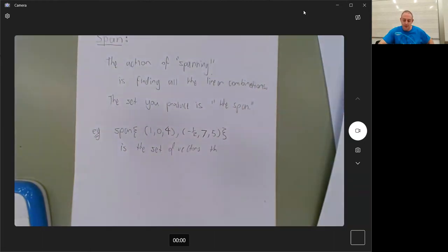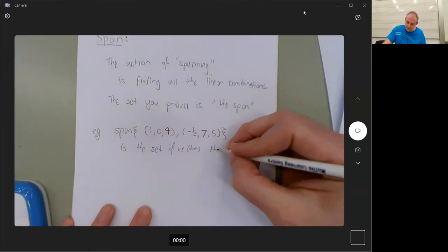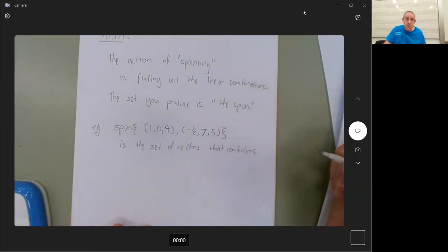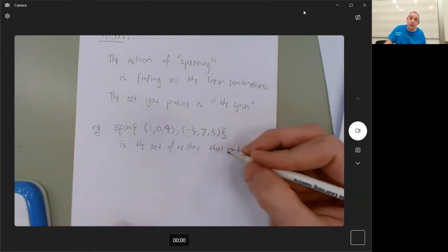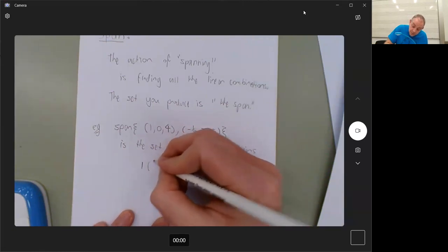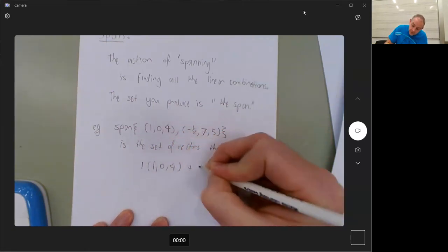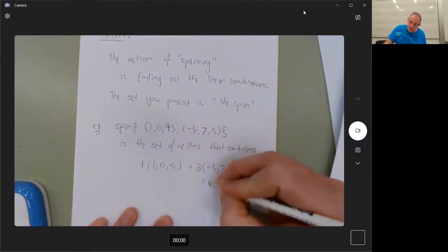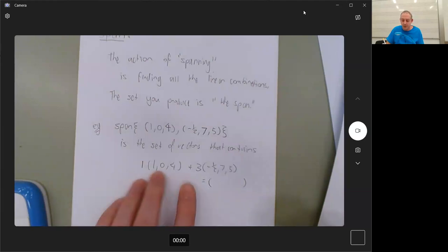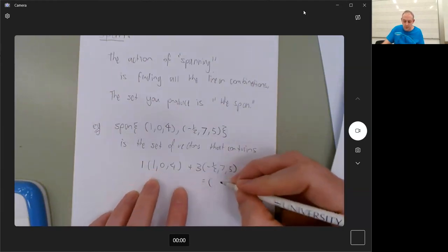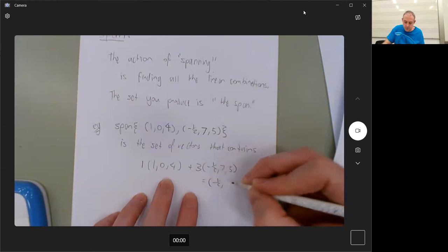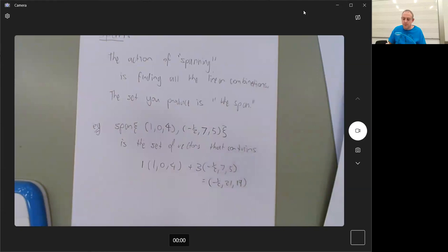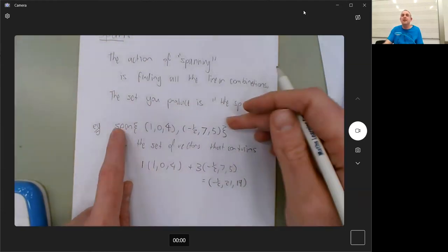Okay. Right. It's a set of vectors that contains all of these things. So, for example, it contains 1 of this vector and 3 of this vector, and that answer, whatever that is, is one of the vectors in that span.